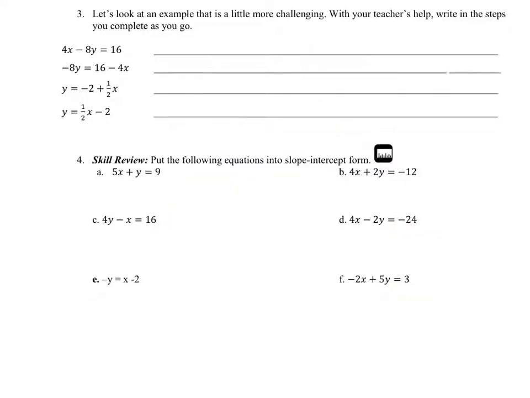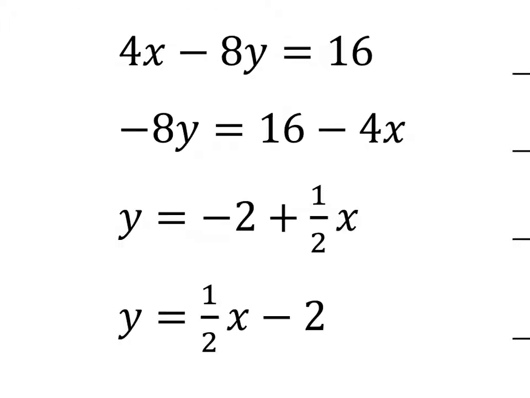All right, let's look at an example right here, and with your teacher's help, write in the steps you complete as you go. So the first thing we would do right here is to subtract 4x from both sides. And now we'll show the work for these. So let's go ahead and subtract 4x from both sides.